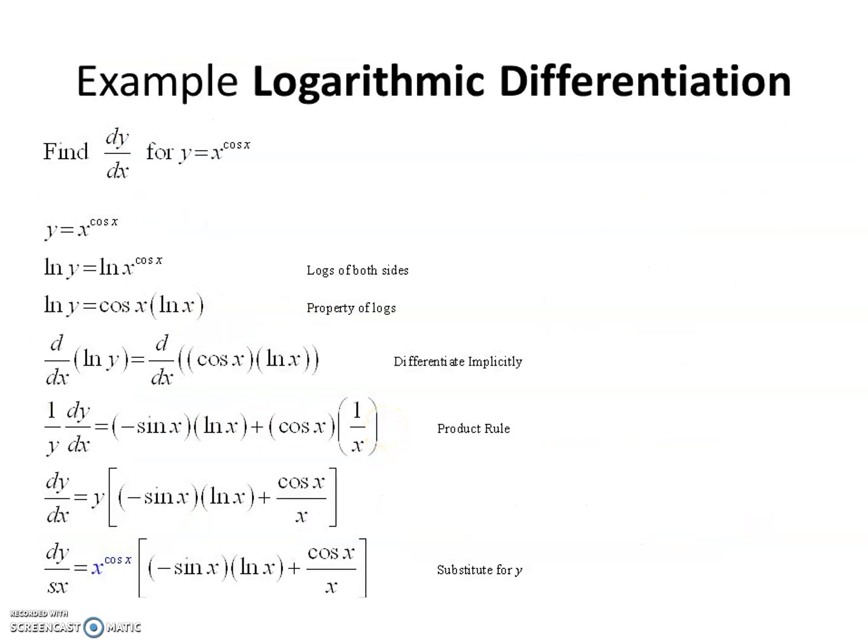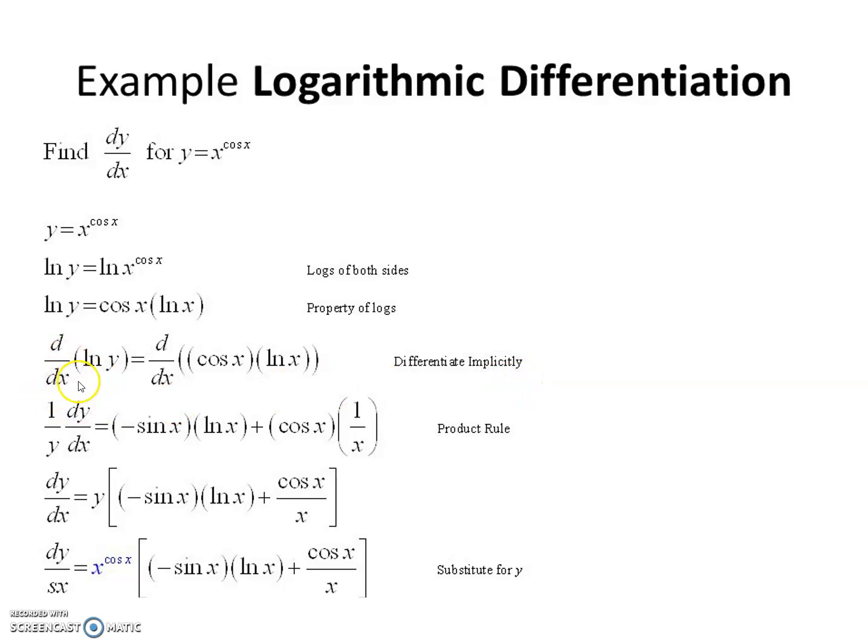Example of logarithmic differentiation. Find dy by dx for y is equal to x raised to cos x. Take log of both sides. Ln y is equal to ln x raised to cos x. We know that log m raised to n is n log m. That's why cos x ln x, ln y remains the same. Differentiate with respect to x on both sides.